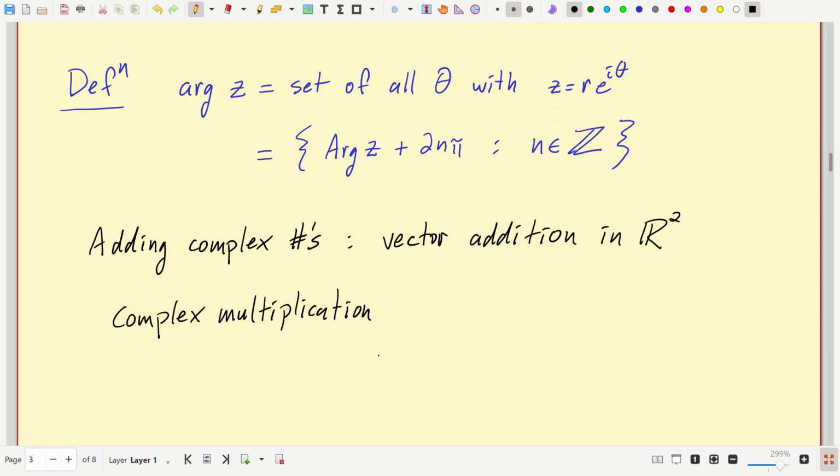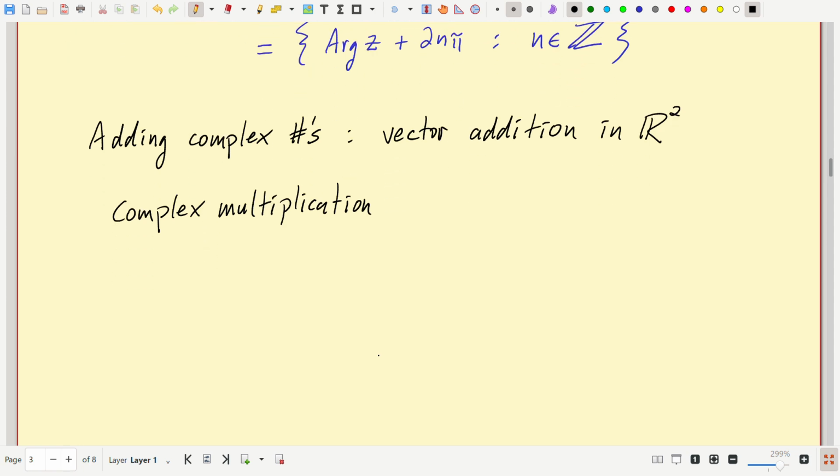The picture's kind of awkward to draw. Here's an x-axis. Let me draw one complex number here. I'll make that r2 e to the i theta 2, and that theta 2 in the picture looks like this.